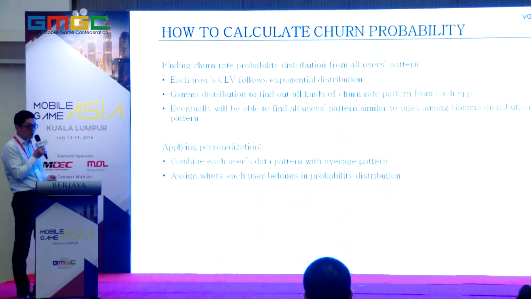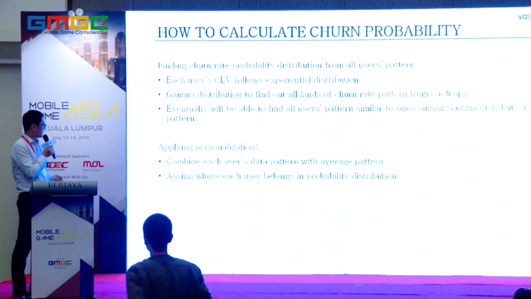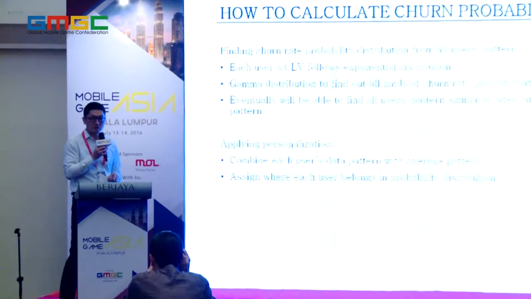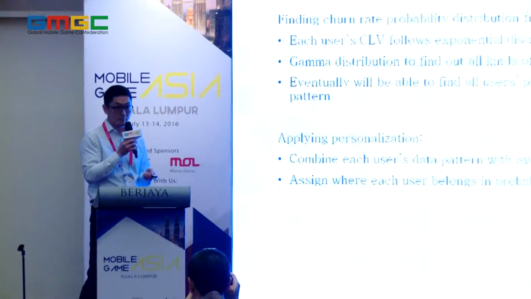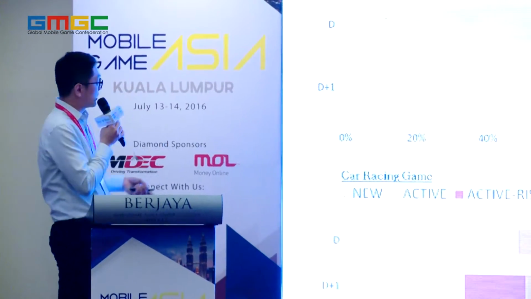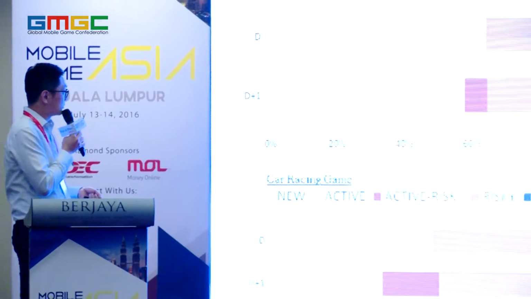We also apply personalization, where we combine each user's data pattern with the average pattern and assign where each user belongs in this probability distribution. Okay. What can this actually apply to? These are some samples which we extracted from the game application.